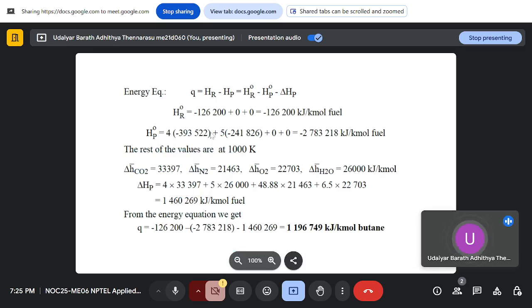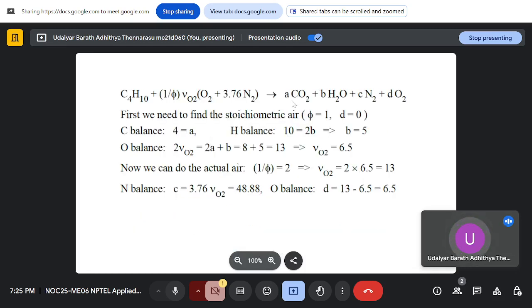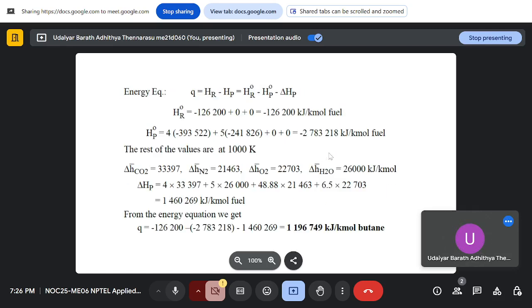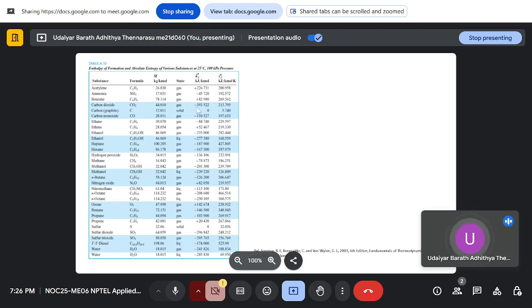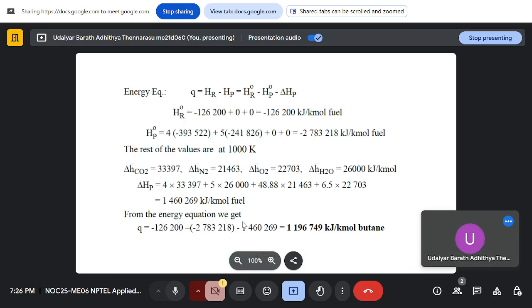And similarly for the product we have 4 moles of CO2 and 5 moles of water. So 4 into carbon dioxide 393522 and water 241826. So we get minus 2783218 kilojoule per kilomole of fuel.